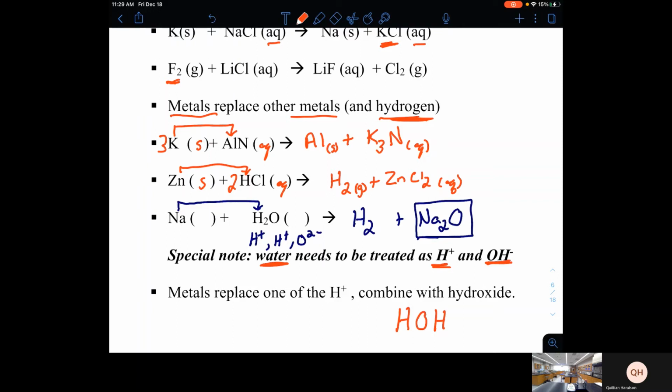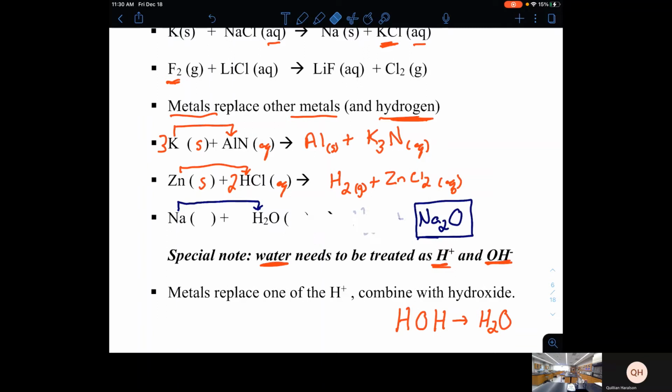Now that's technically the way in which water looks. But for convention, they simply said, let's write it this way. There are two hydrogens inside that formula and one oxygen, so we say it's H2O. But you have to remember that it's made up of H plus and OH minus.